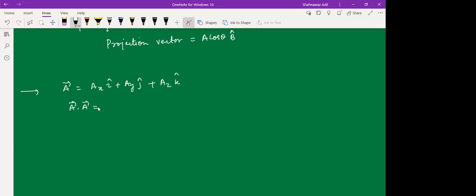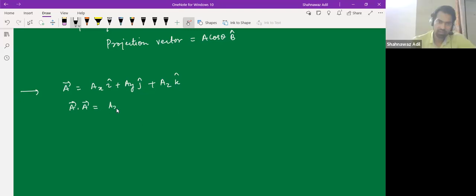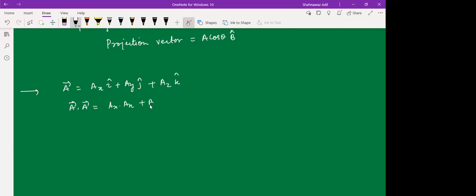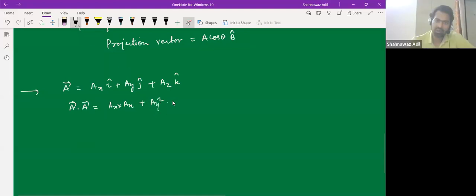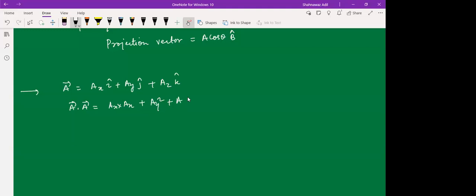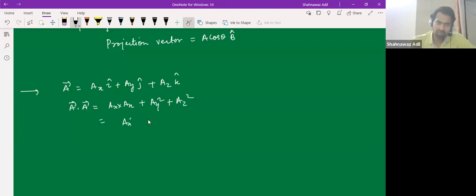AX into AX, right? Plus AY into AY, and then AZ into AZ. So this is AX square plus AY square plus AZ square. So what is this? This is actually A square, right?